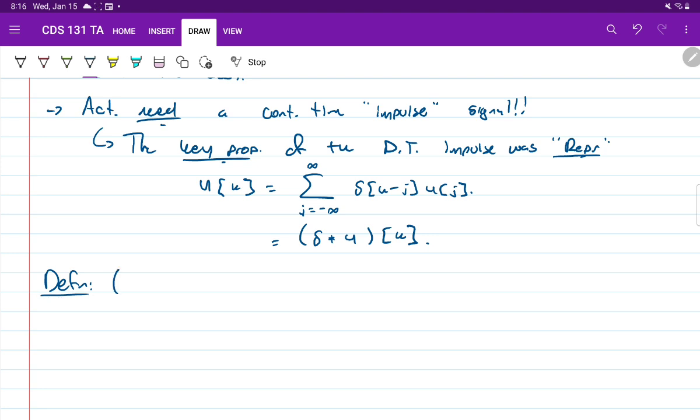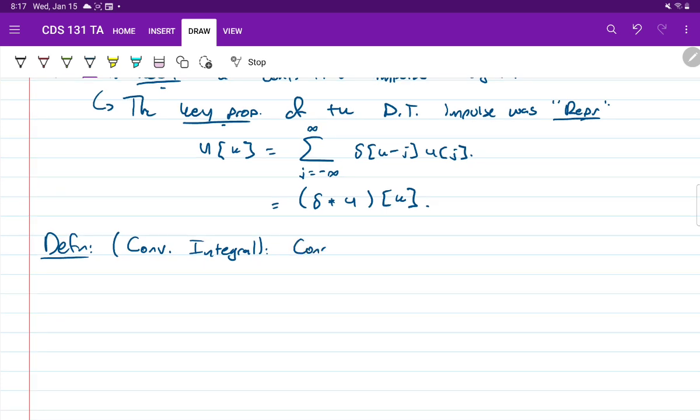There's a basic principle in math: whenever you switch from something that's discrete to something that's continuous, usually you swap out a sum for an integral. That's exactly all we're going to change here. So, the convolution integral. I'll consider signals u and h, which are now continuous time signals of compatible dimension.